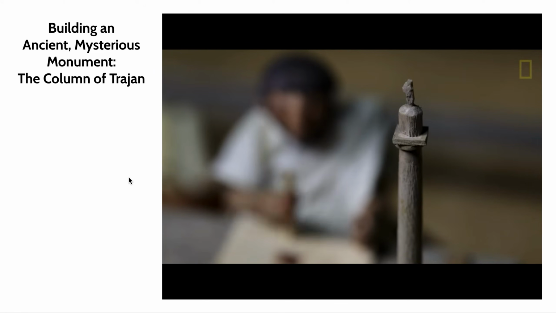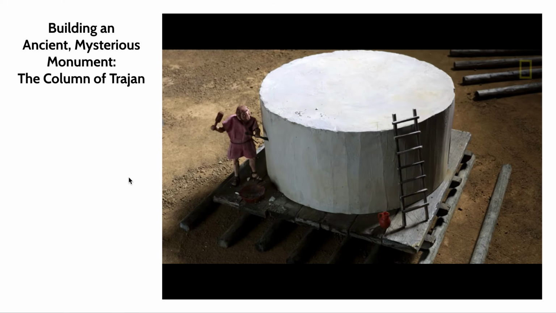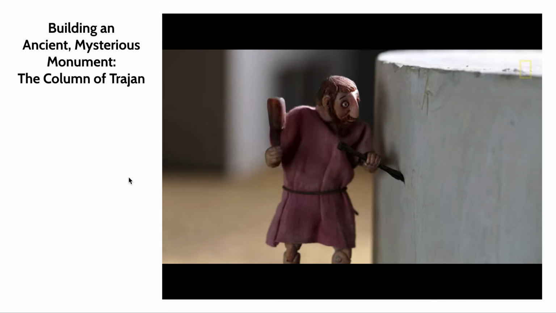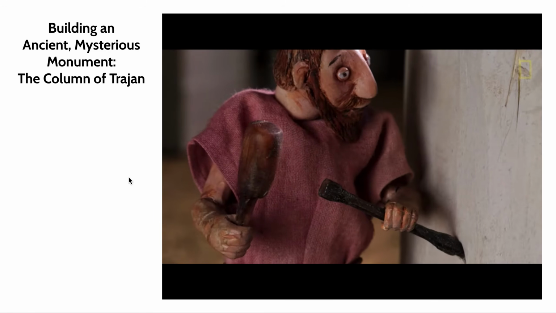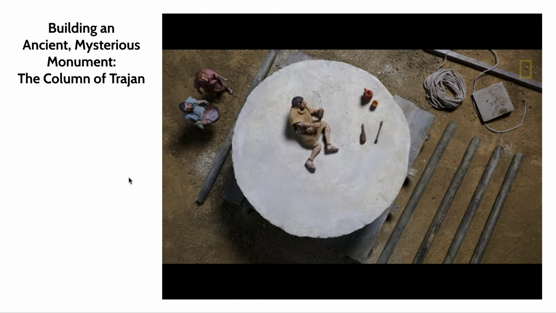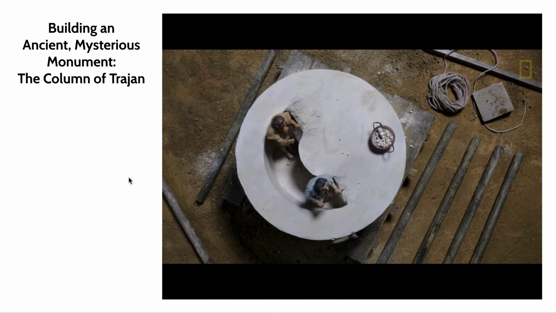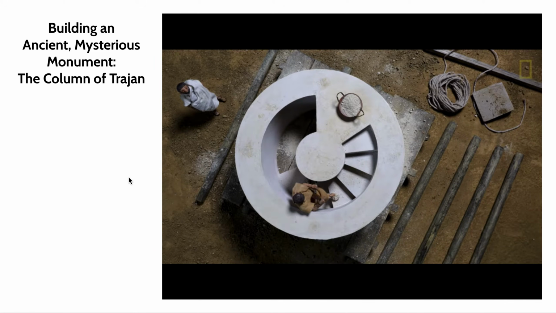At 126 feet tall, the column would require 29 blocks of solid marble, each weighing from 25 to 77 tons. These were brought from a quarry north of Rome and floated up the Tiber River to the work site. Within each drum was carved windows and a staircase, allowing access to the top.